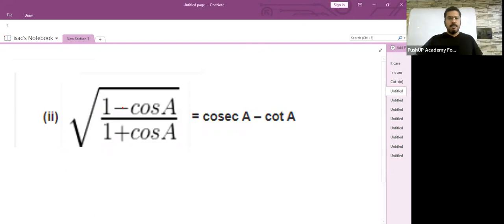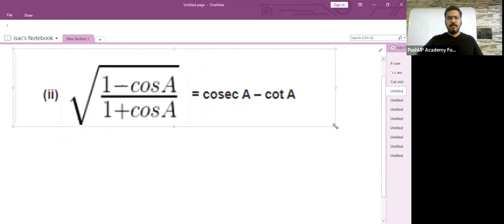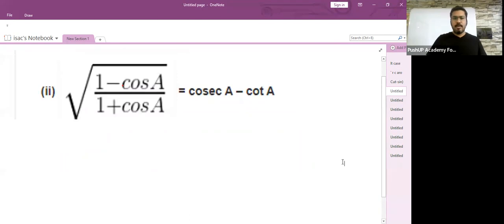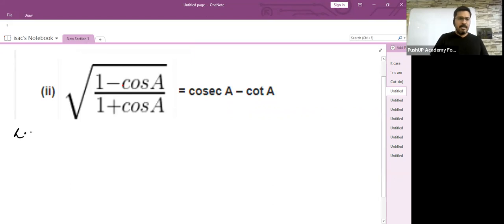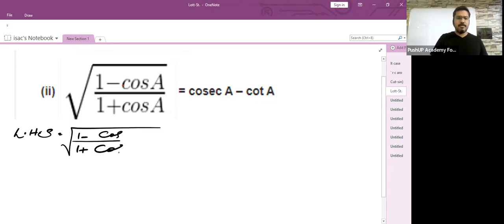Okay. So I have given you square root of 1 minus cos upon 1 plus cos is equal to cosec minus cot. You must have taken the LHS, which is square root of 1 minus cos upon 1 plus cos. When you notice cosec minus cot, what is cosec?